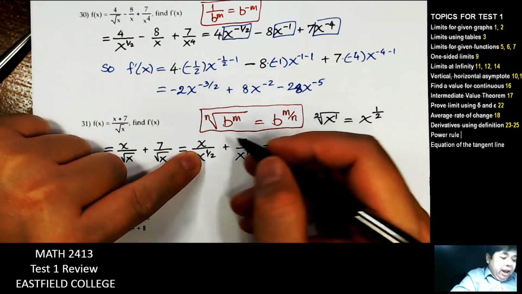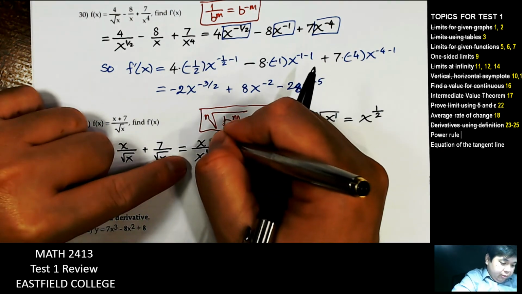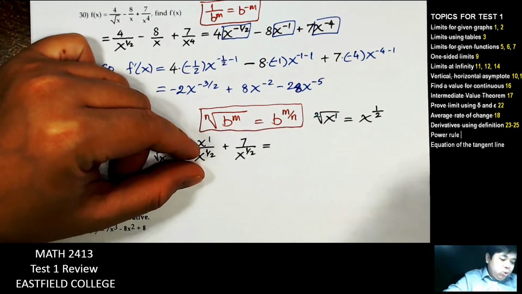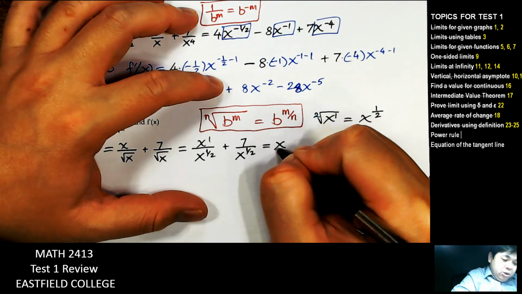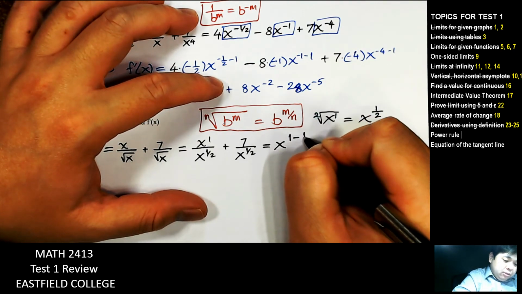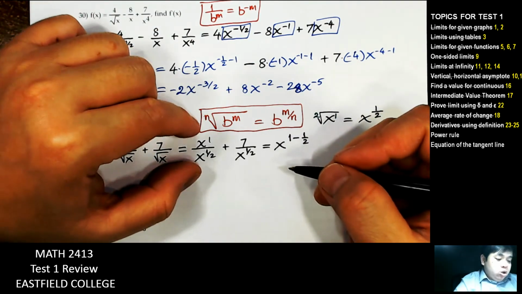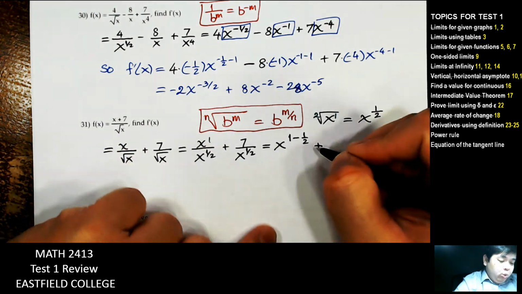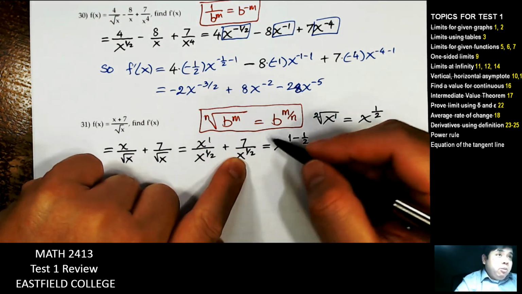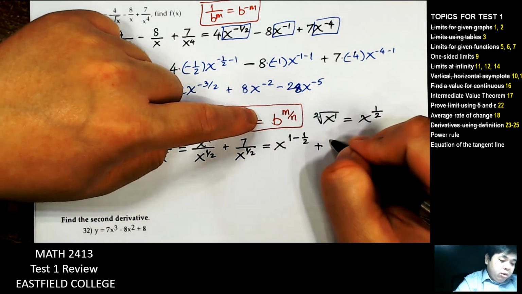Now this, we subtract those two things with the same base. So we subtract the exponents because we're dividing them. This we do not subtract because of different bases. We can just move that from the bottom to the top.